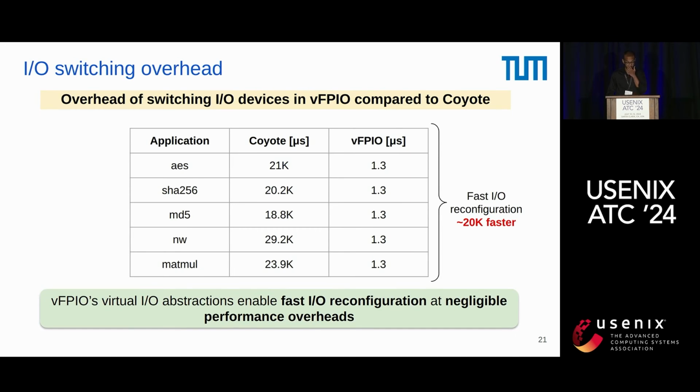So we basically see that the virtual I/O abstractions introduced by vFPIO enable fast I/O reconfiguration, almost 20,000 times faster at very low performance overheads.